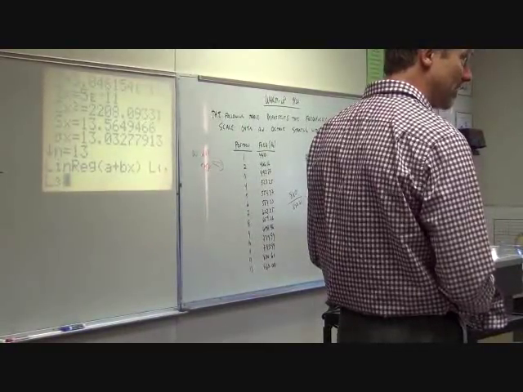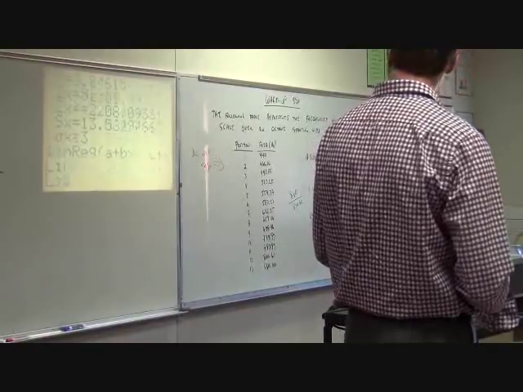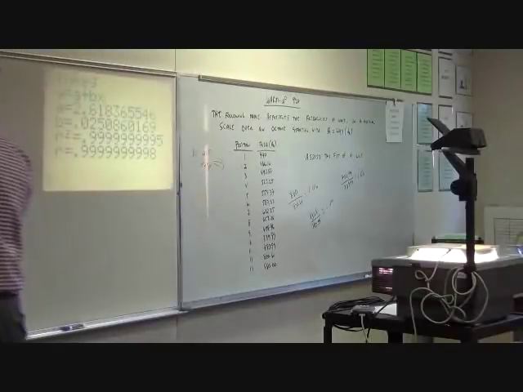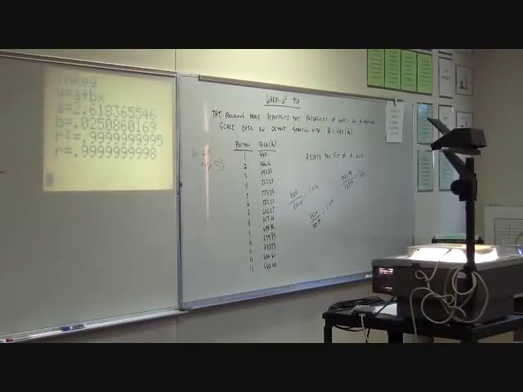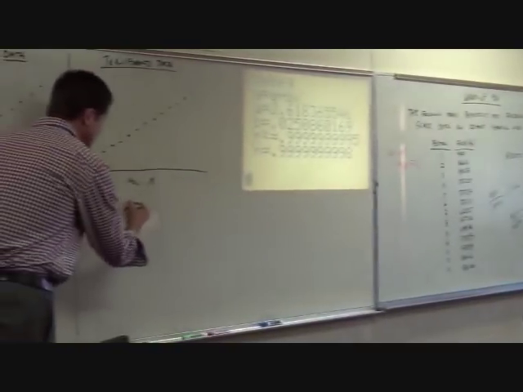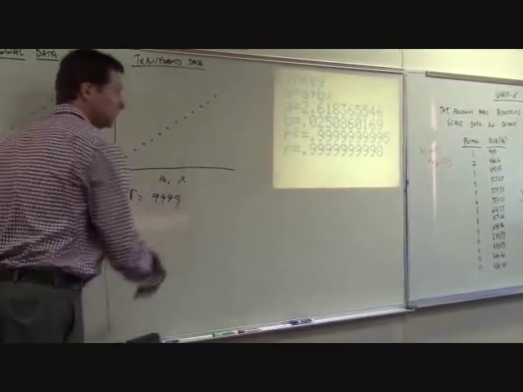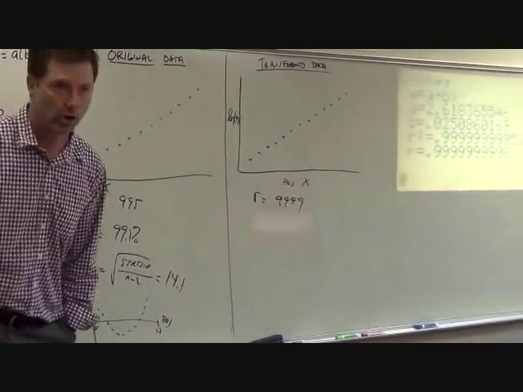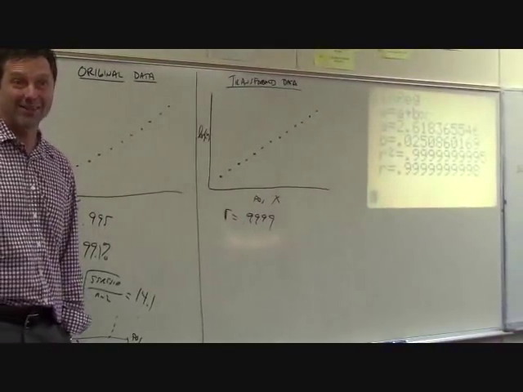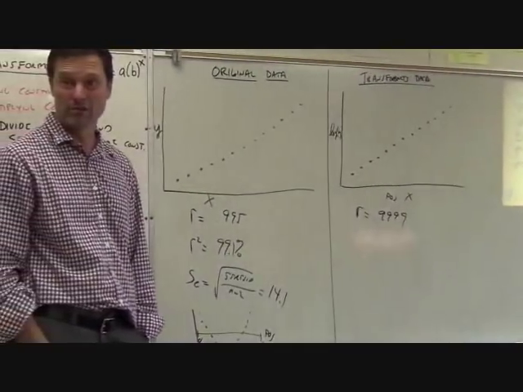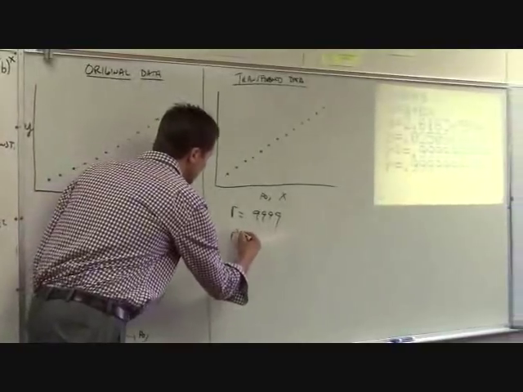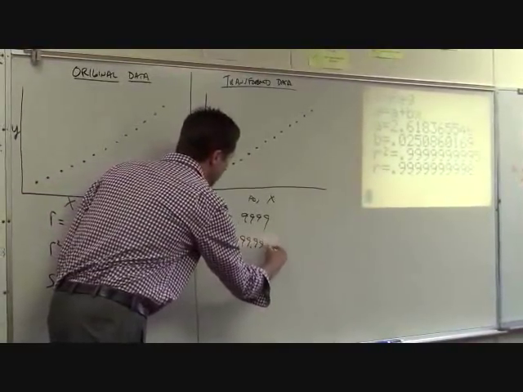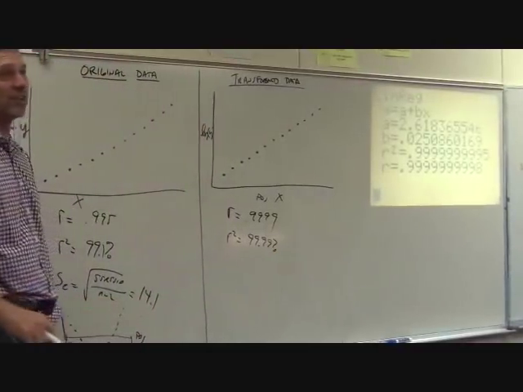That's where my transform data is. Blammo. Wow. Now my correlation is 0.9s as far as the eye can see. Stronger, yet positive linear association. By R squared, again, 99.999% as far as the eye can see.